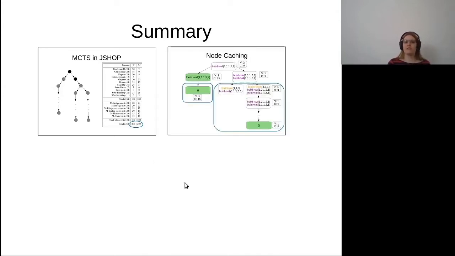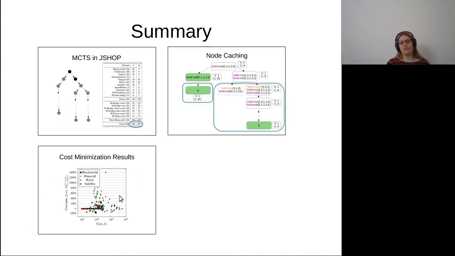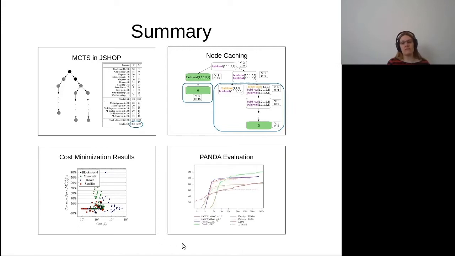But instead of simply giving up, we looked at some easy improvements we could build into our Monte Carlo tree search to have better coverage than JSHOP, and also a better result in minimizing the costs of our plans and finding good plans, not just any plans. And if we implement an MCTS approach into a grounded planner, we can see that we are still comparable to other grounded HTN planners.